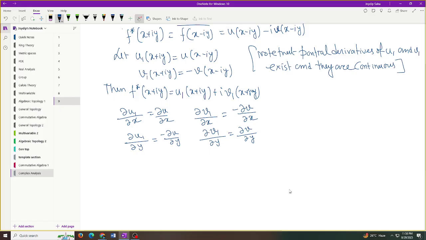So partial derivatives continuous given f is analytic.